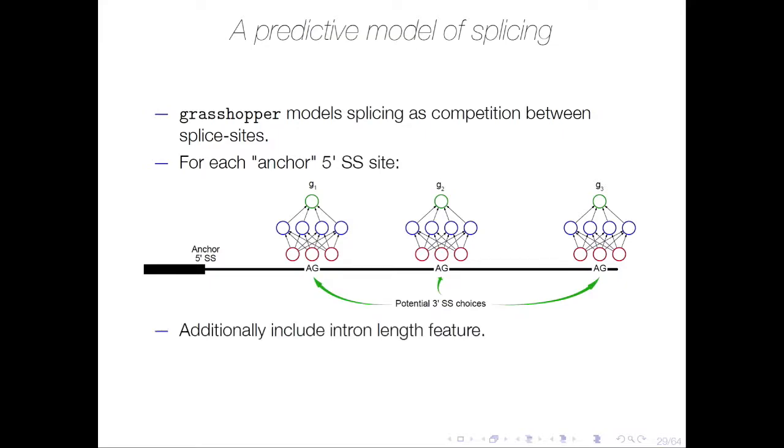As well as the genomic window, we also give the neural network a feature corresponding to the intron length, so the distance from this 5' splice site to the specific AG. We also learn an analogous model the other way around: conditioning on a specific 3' splice site, which 5' would get used.